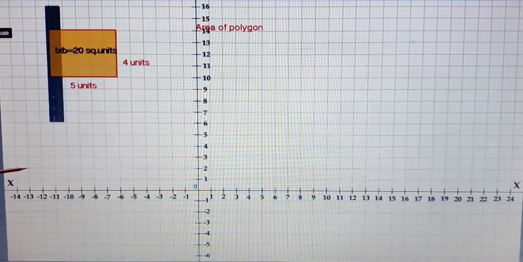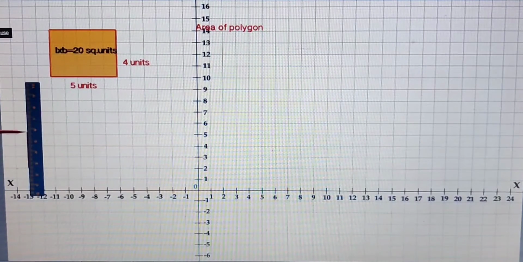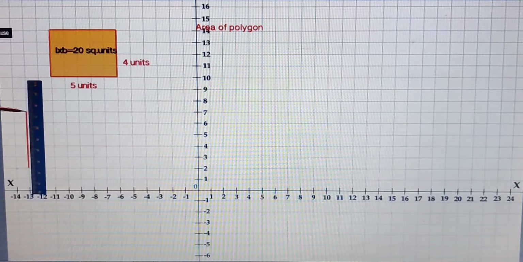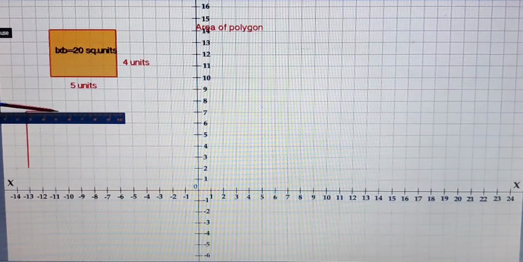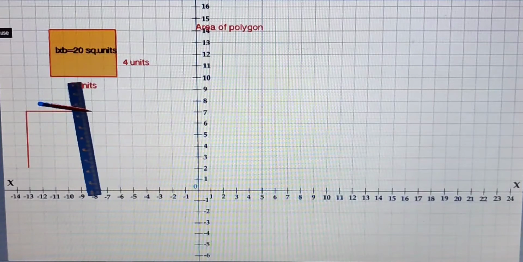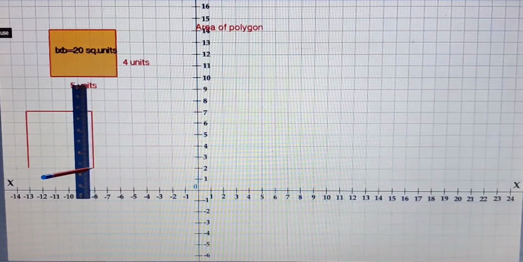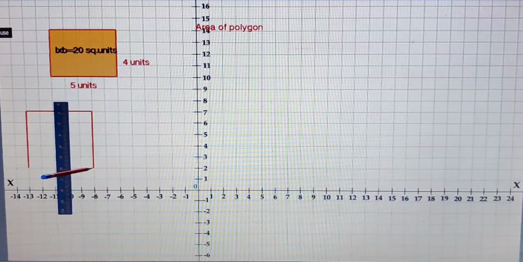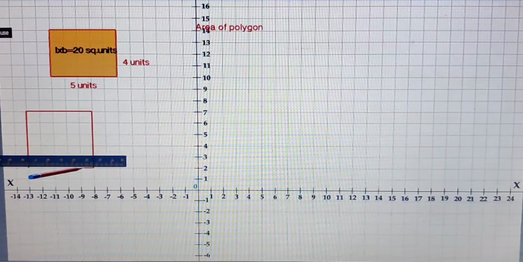Now the second polygon, it is a square. Count the side of the square. How many units is the side of a square? 5 units.